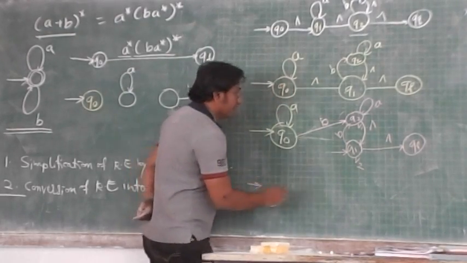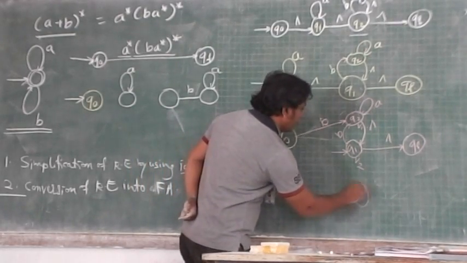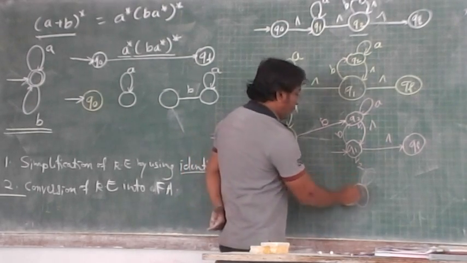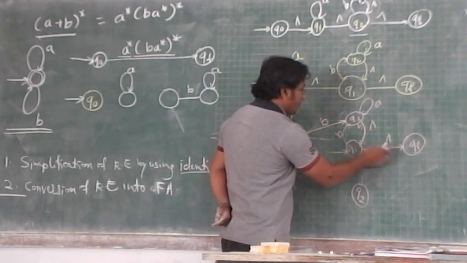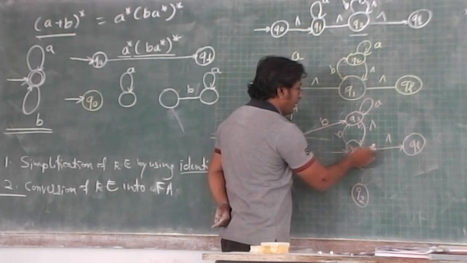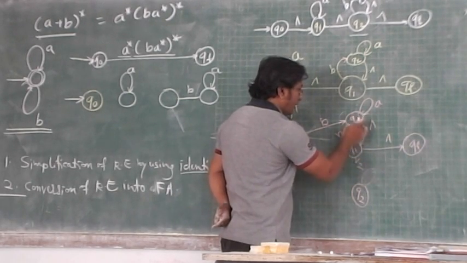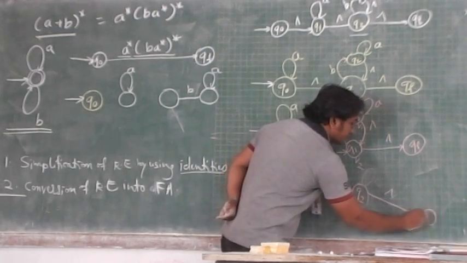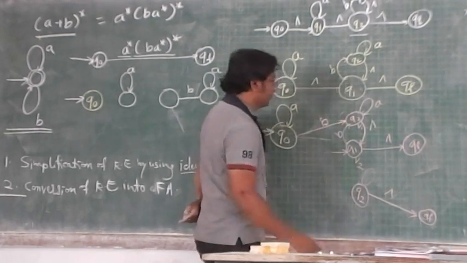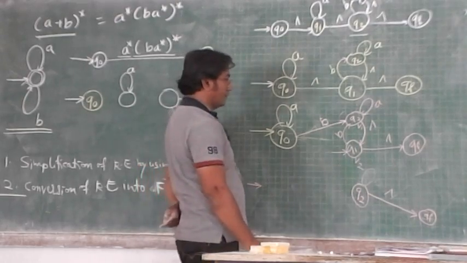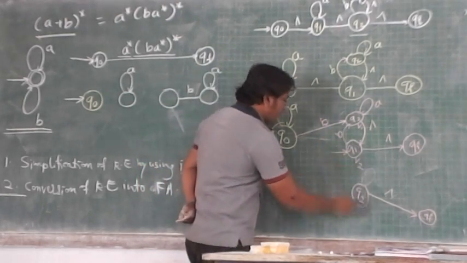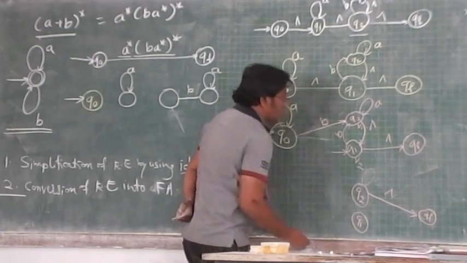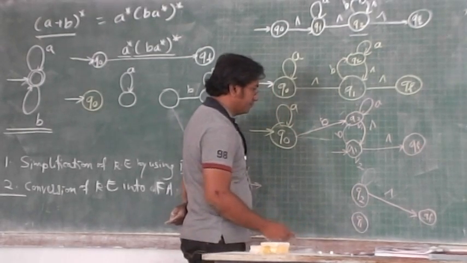So here what I can have from Q2, this particular transition you have to copy. Okay, and draw from Q2 to QF. Okay, the rest part of your automata you have to keep as it is.